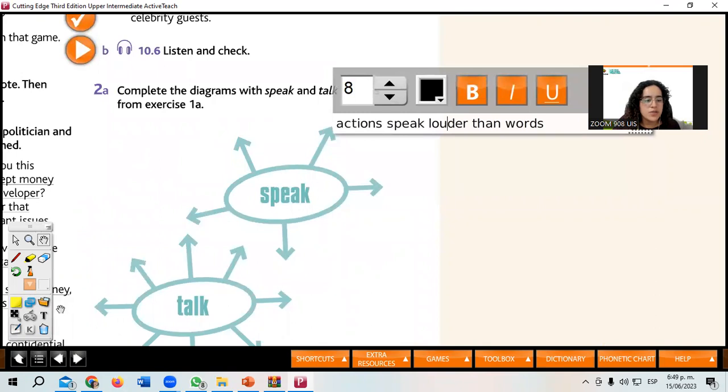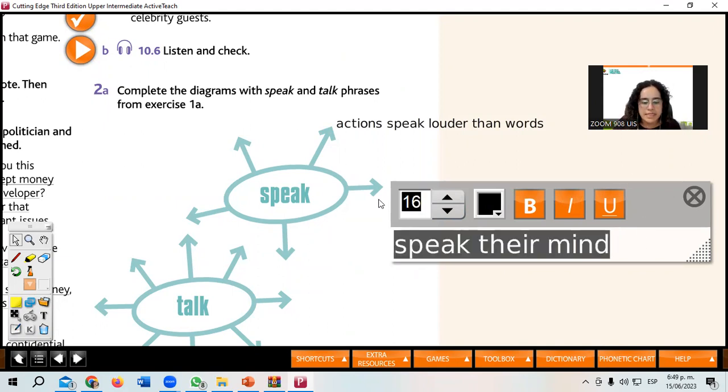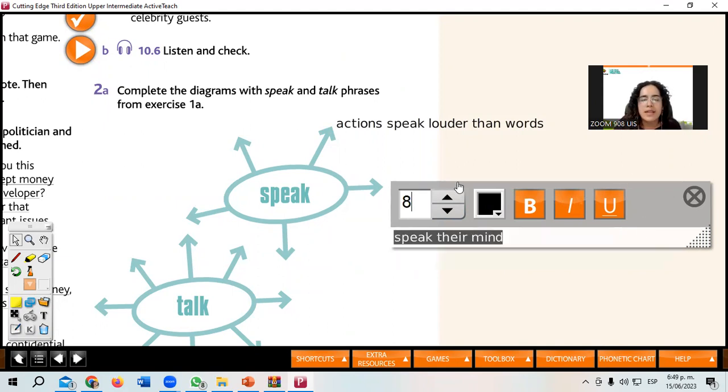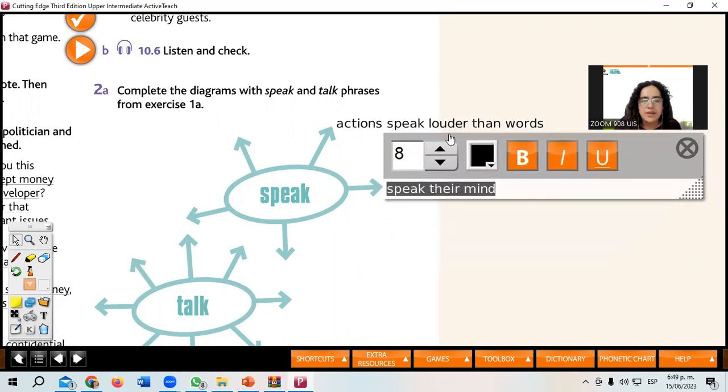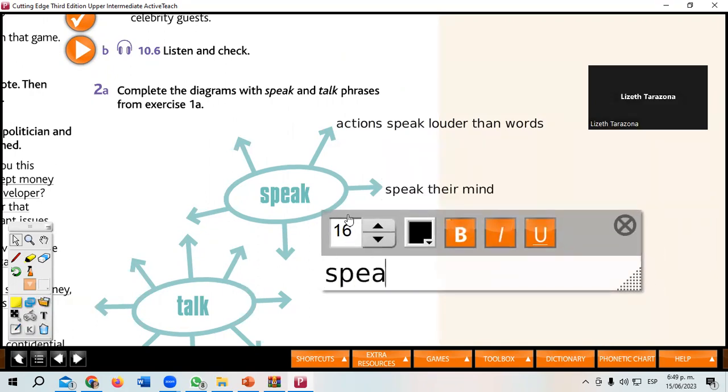So the next one to complete here is speak. Another phrase that we can use. Let's complete it, guys. Speak your mind, right? Another phrase for speak. Speak highly.